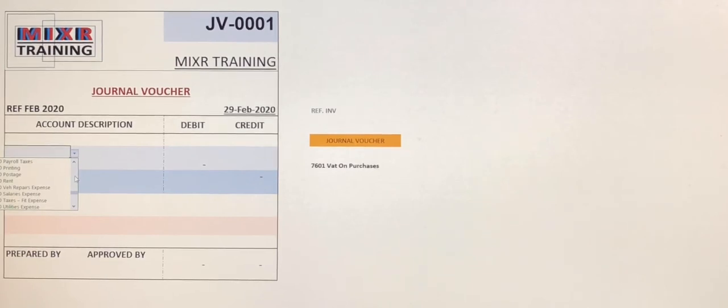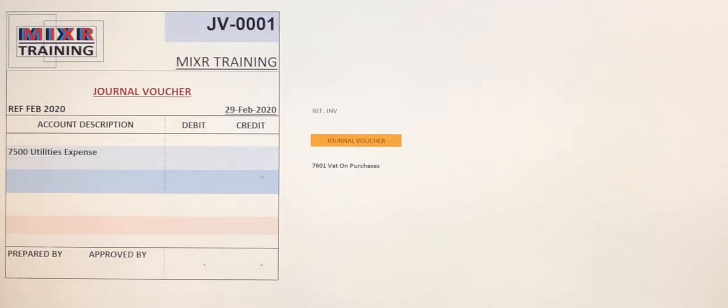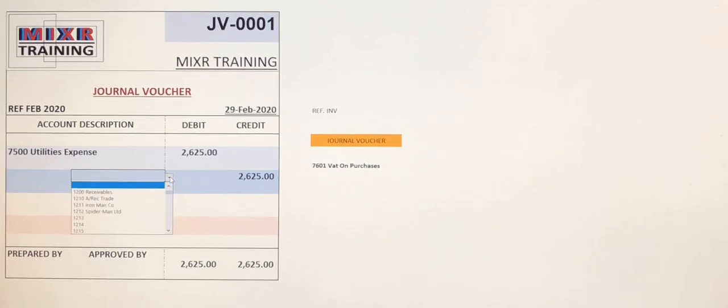We already have used it in the month of Feb. We're just waiting for the bill to come. So this one. And the credit is accrued utilities expense.